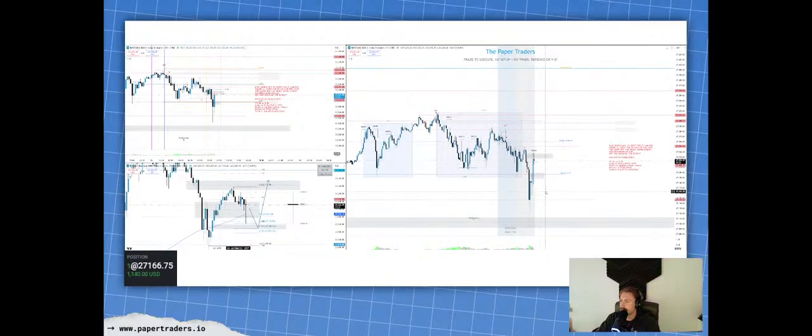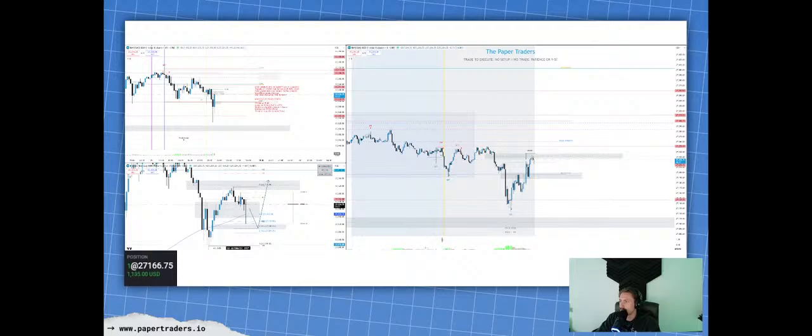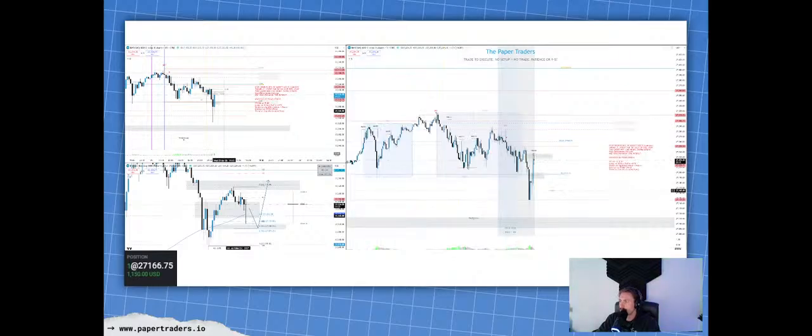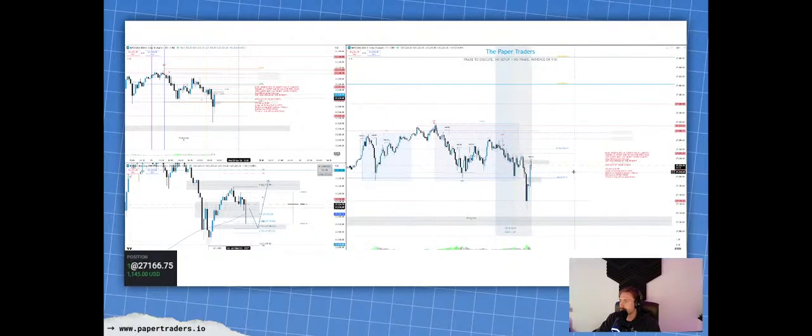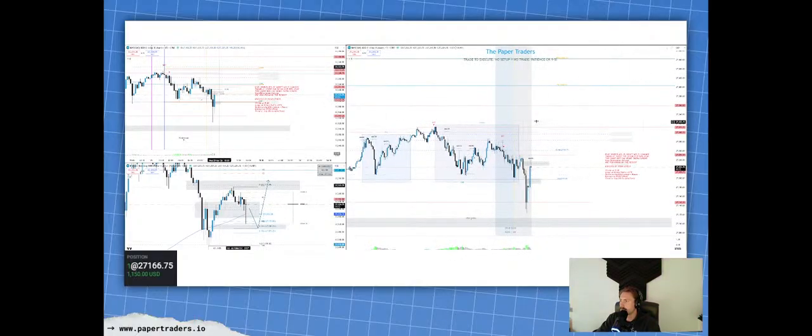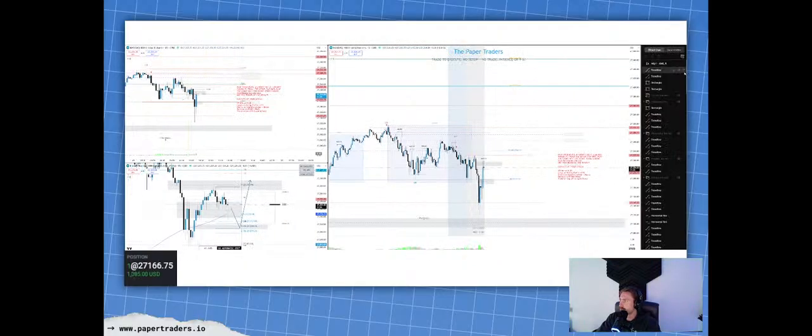On the 1 minute, we took the previous trade over here into the OTE right below 50%, right? So this fair value gap held, gave us that continuation into the upside. Now we're watching to see if they want to hold above it, get above this fair value gap, and give us that potential continuation into the London session highs there. So that's kind of what we outlined this morning.